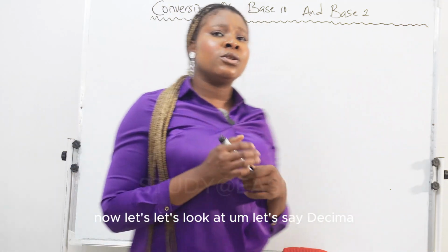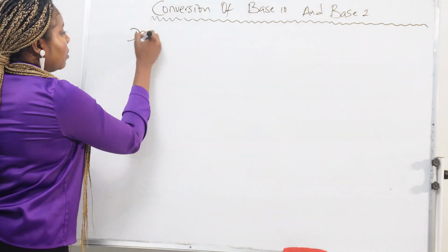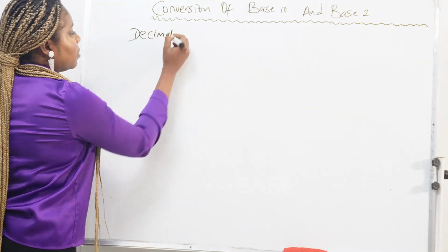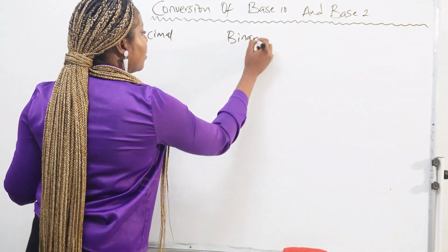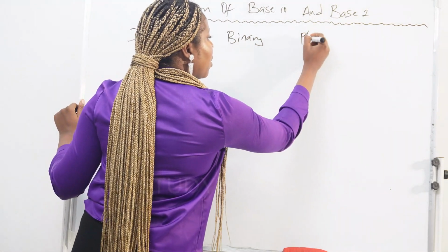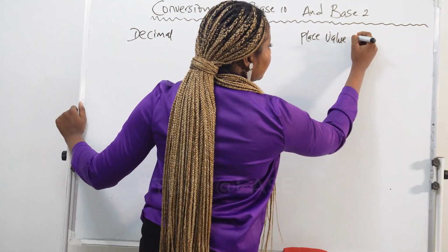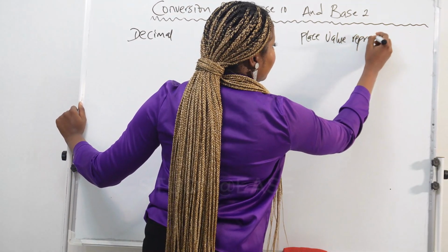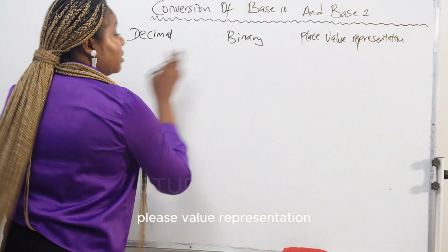Now let's look at decimal, binary, and our place value representation.